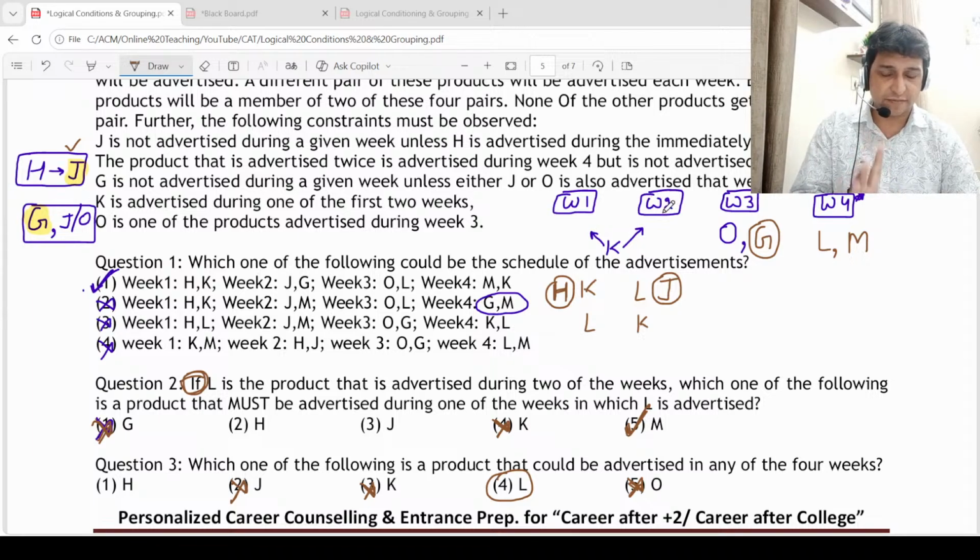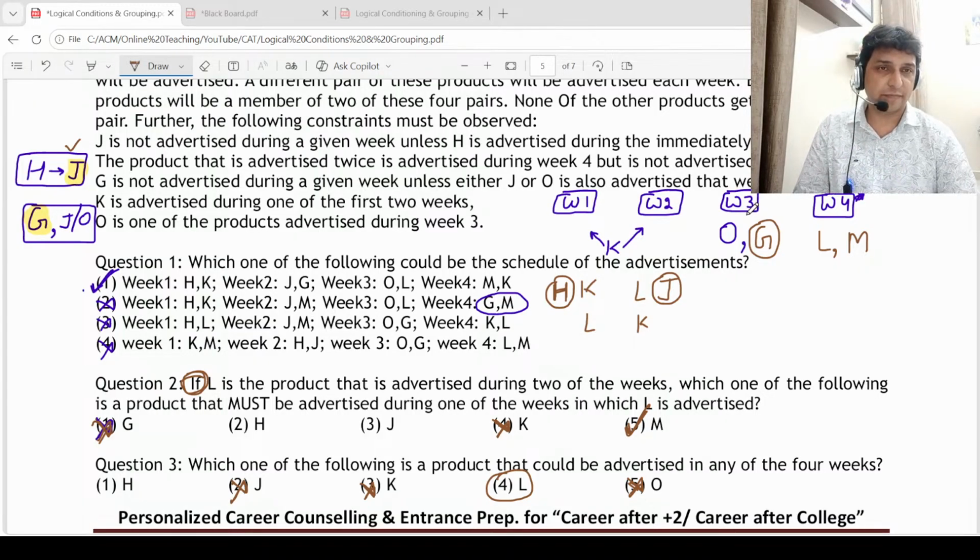If J is only once, if H is in week 2, then J will be in week 3, right? I'm saying J is only once. Now, H cannot be in week 3 because if we are saying H is being repeated, it will not be here because it needs HJ along with it.